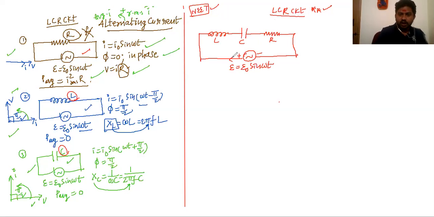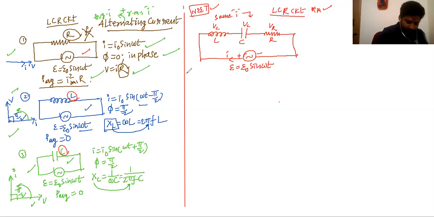So when the source is on, what happens? Current I passes through, and exactly the same current will pass through all three elements, because they are connected in series combination, my dear students. The potential across this is VL, across this is VC, and across this is VR.